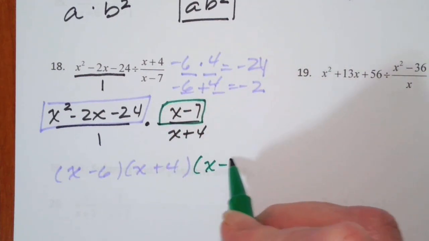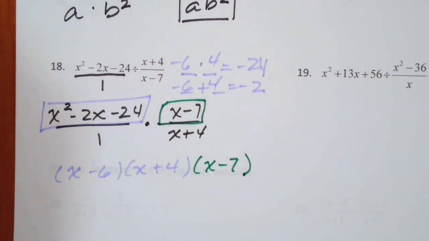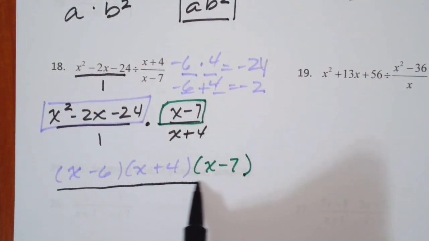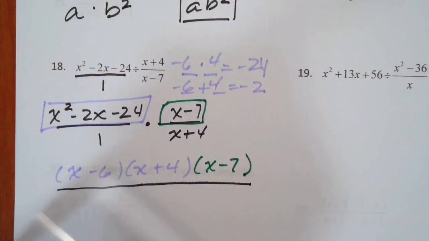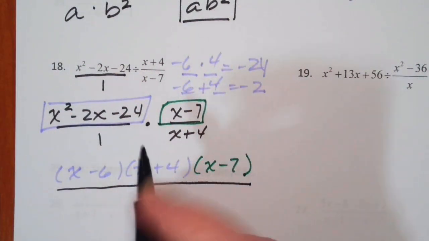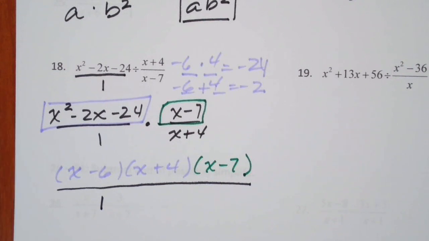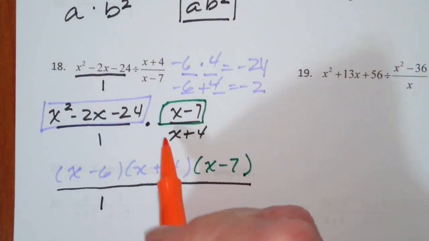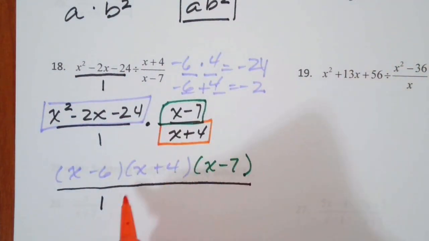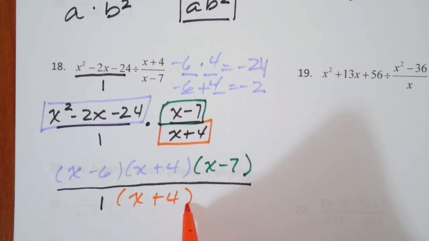That can't be factored, so it's a prime factor of x minus 7. Of course, 1 is just 1. And this is also a prime factor of x plus 4.